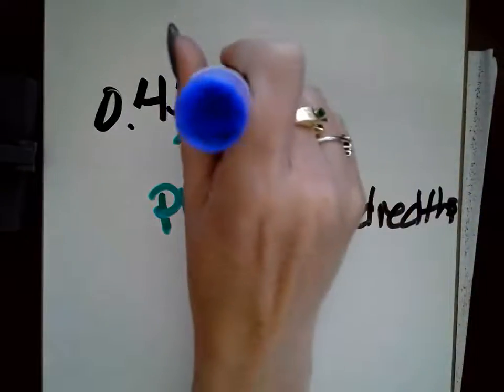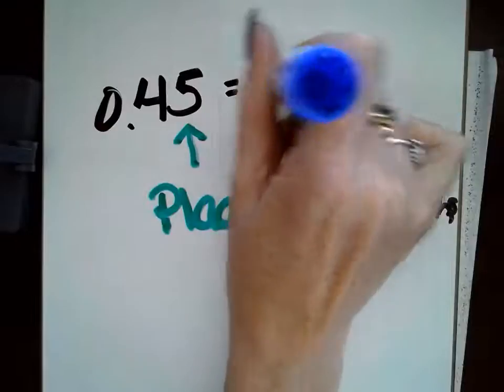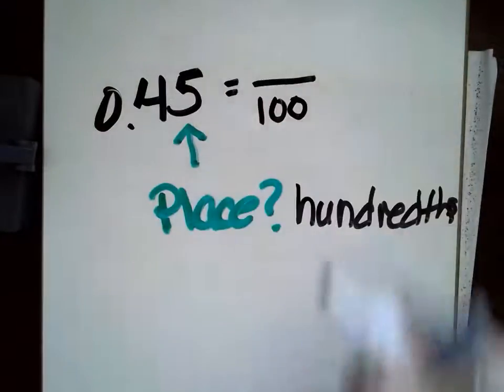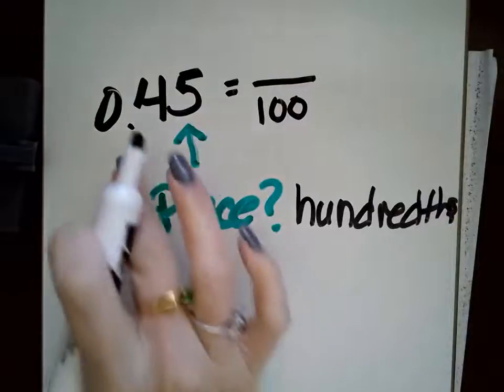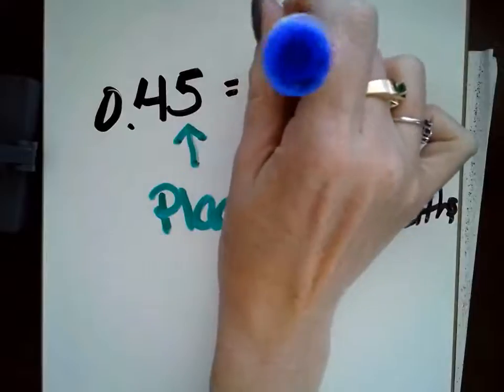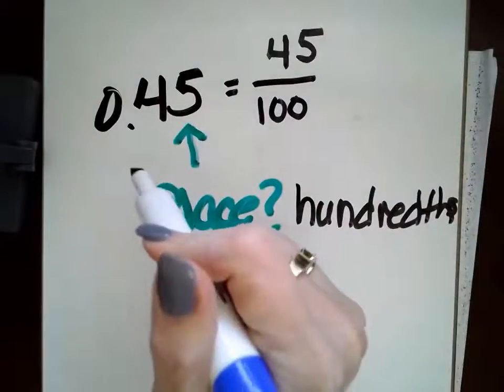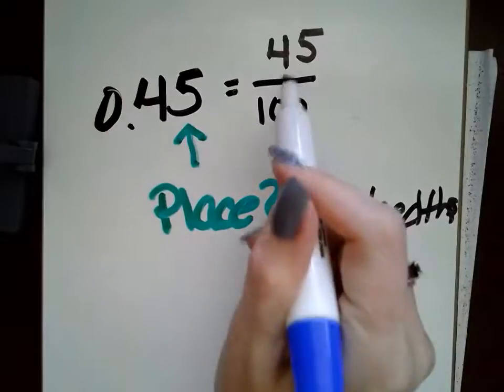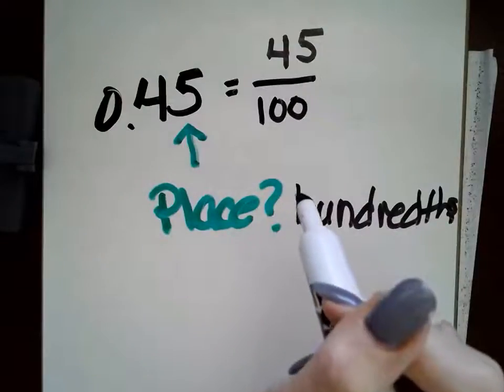So that means if we need to write this as a fraction, our denominator is going to be 100. The numerator is simply everything to the right of the decimal point. So we can write 45 hundredths, the decimal, as a fraction 45 over 100.